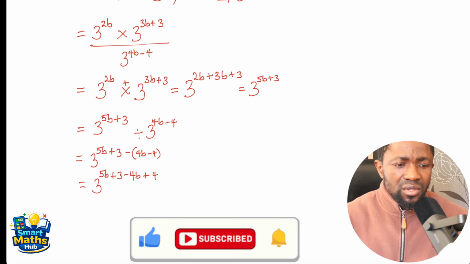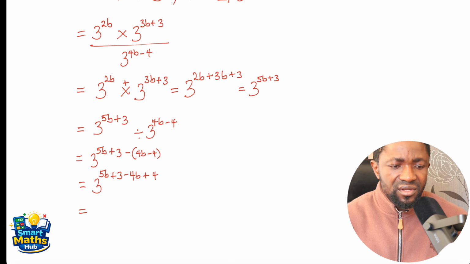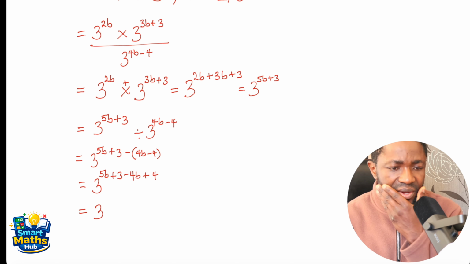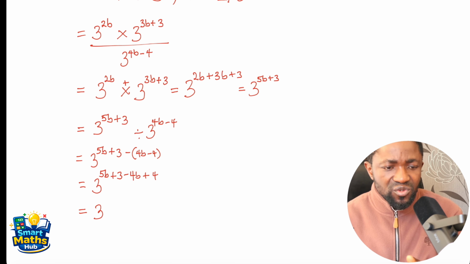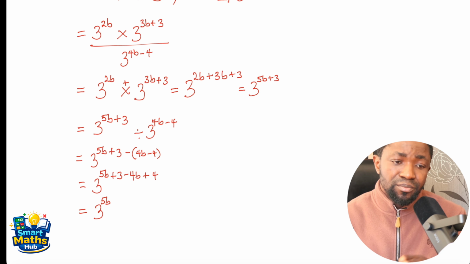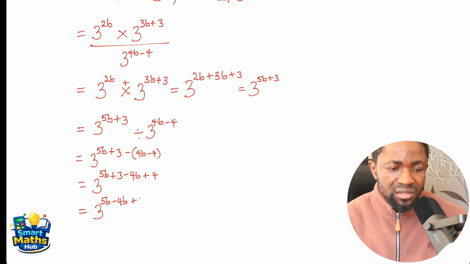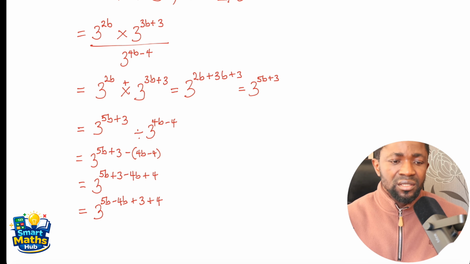So when you have 3, now look at our power. You have to rearrange. You have 5b, then there's another b, minus 4b, and then plus 3, then plus 4. Do you get it now?